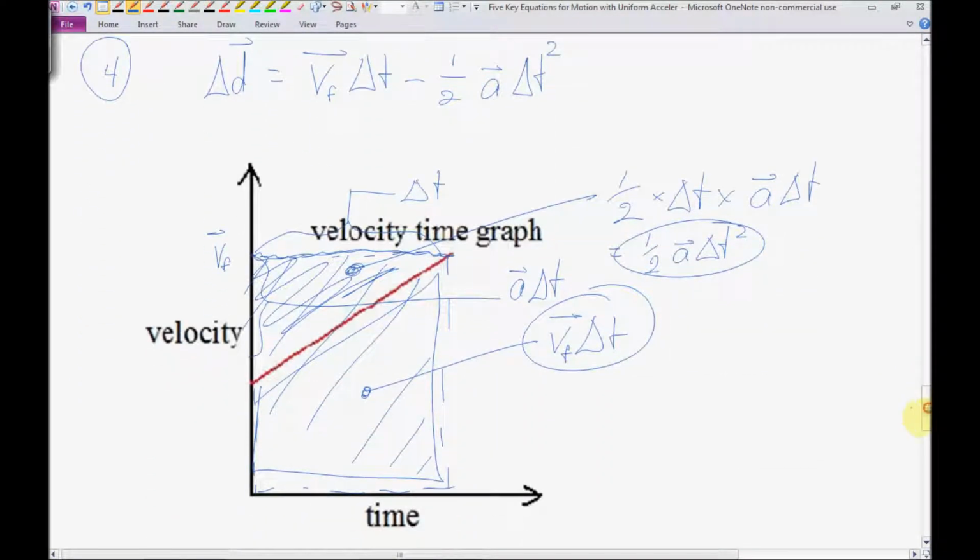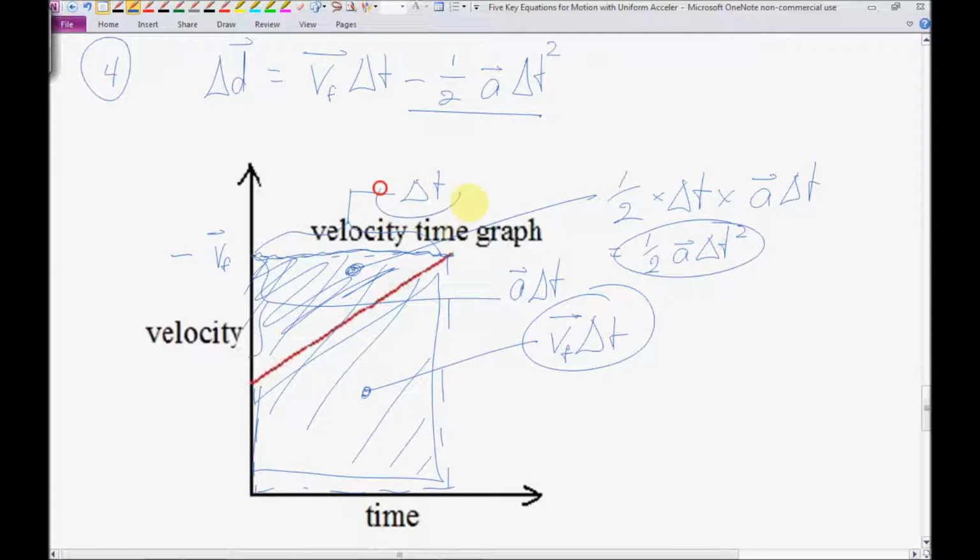Now this makes sense in terms of the graph too, because what we've basically done is we've taken VF times delta T. Here's VF, this is the level of VF, and here's our delta T. So we found the total area of this great big rectangle, and then we've subtracted something. We've subtracted half A T squared.